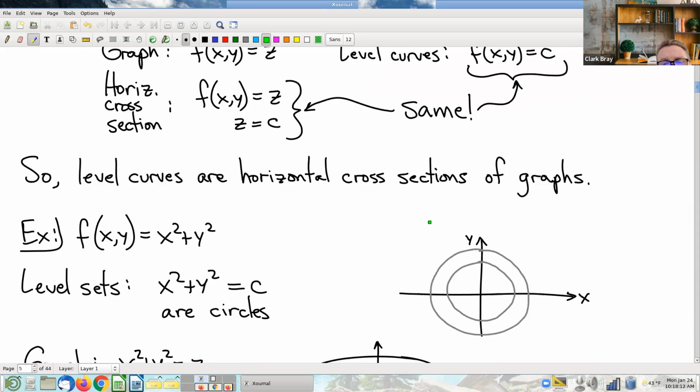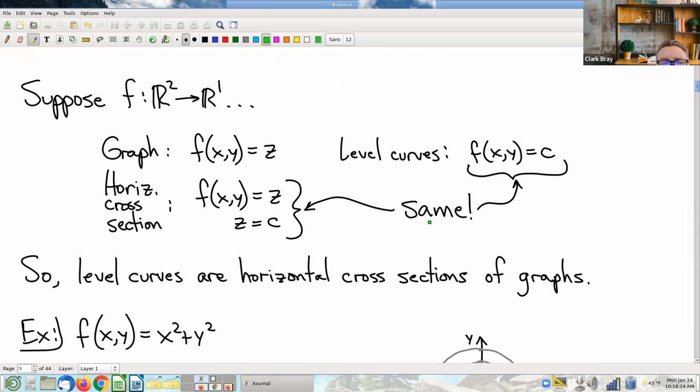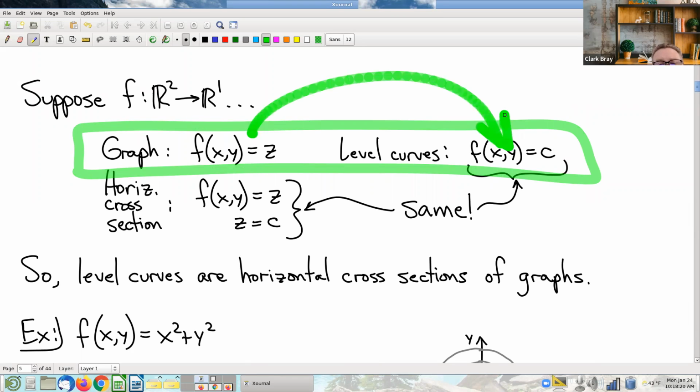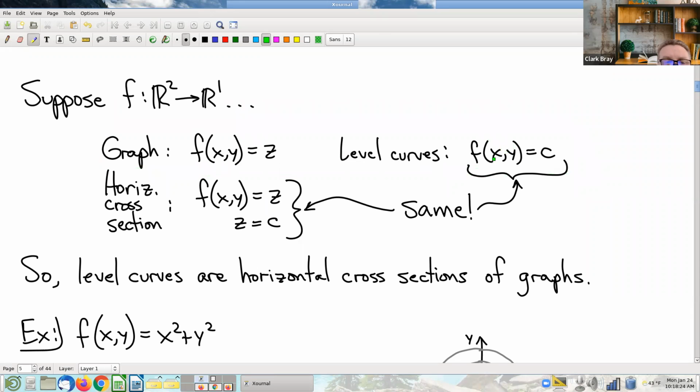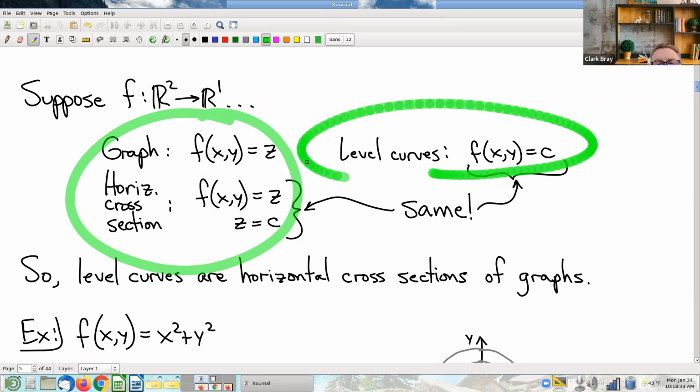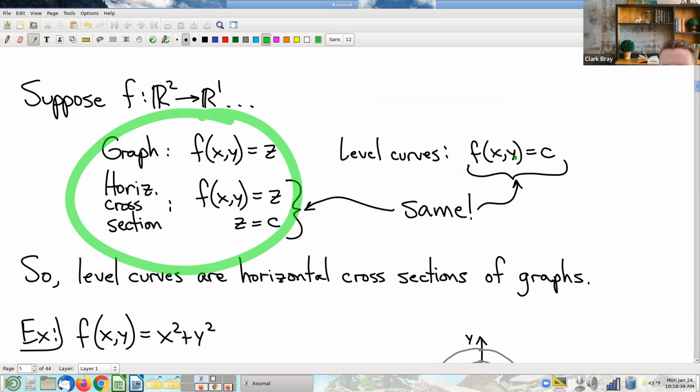And then I made the observation that even though graphs and level sets are different, you can see right there in the equations that the equations are clearly different. If you were to take a horizontal cross section of the graph and compare that with the level curve, those are the same. Pretty much the same technically.